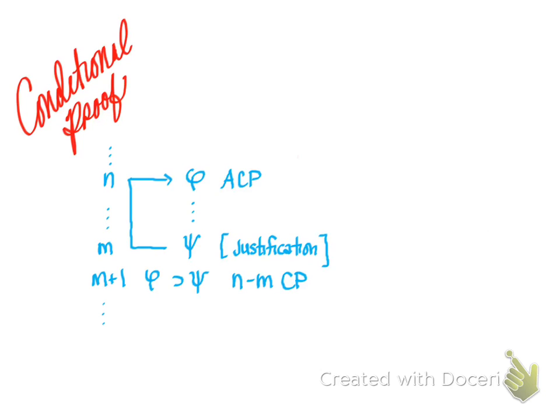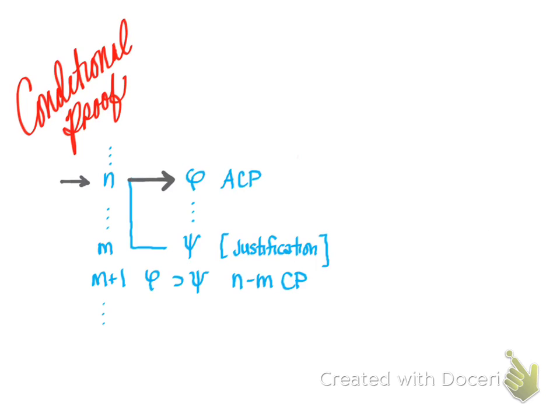Once you decide that you want to use conditional proof because you've decided there's some conditional you need to derive, then you start a new line, n in this case, and we draw this little arrow to box it off. We indent it and use an arrow, and the point is to highlight, visually, that we're making an assumption.